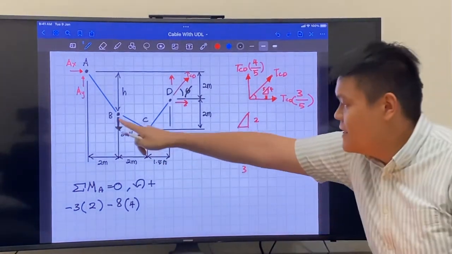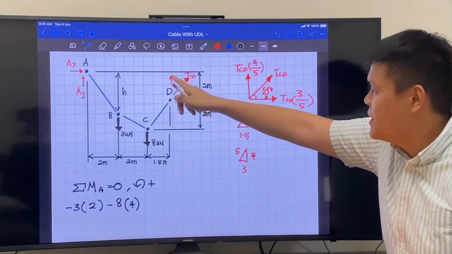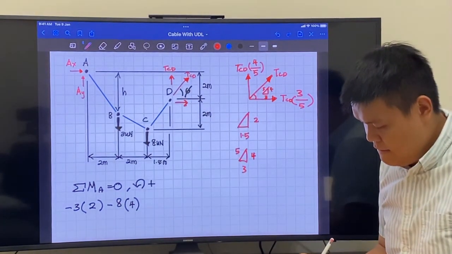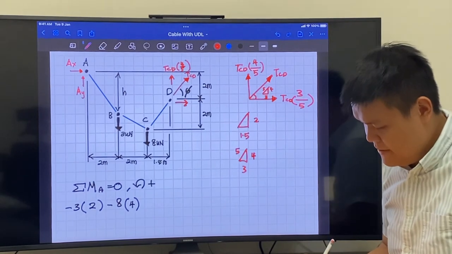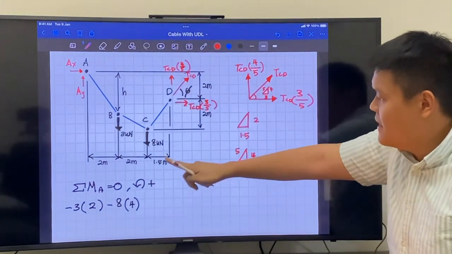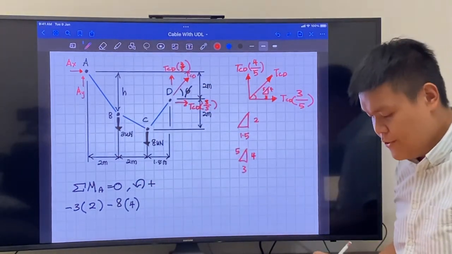So we've done this, now let's do this one. This is TCD 4 over 5, this is TCD 3 over 5. TCD acts in a counterclockwise motion, so that's positive.